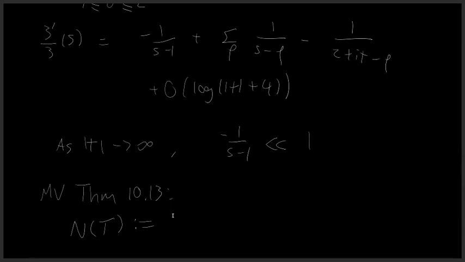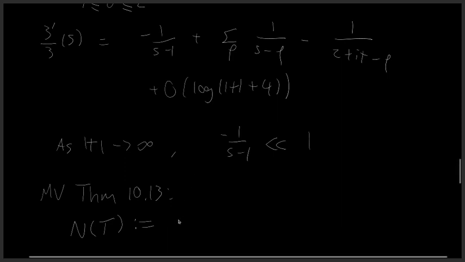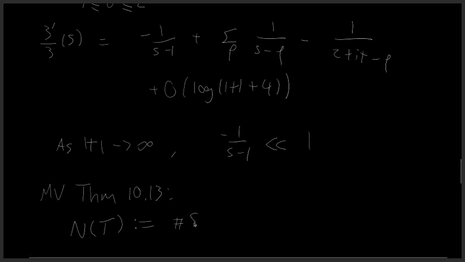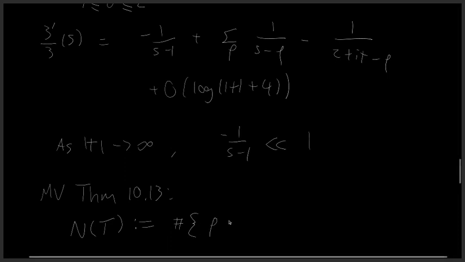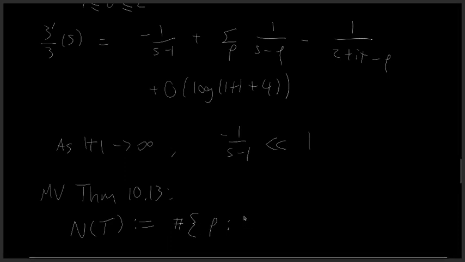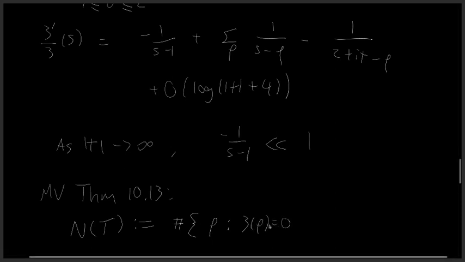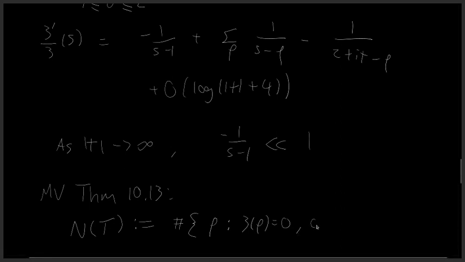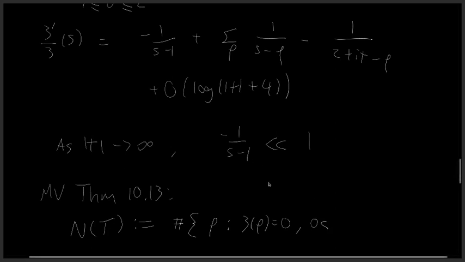How exactly do they define it? Yeah. So this is the number of complex numbers rho such that zeta of rho equals 0. So these are zeros of the Riemann zeta function, and the real part of rho is strictly between 0 and 1.